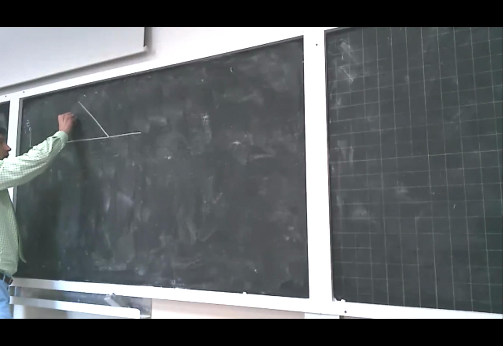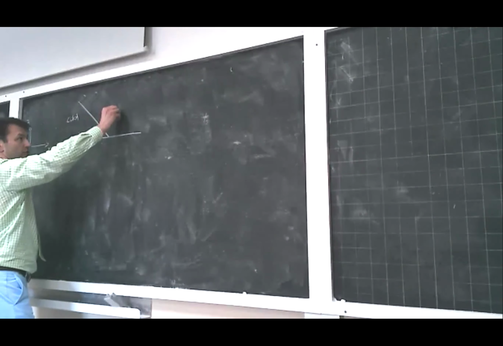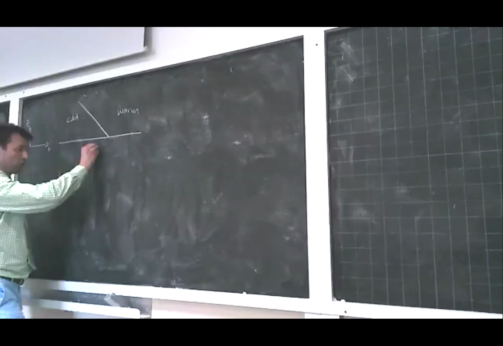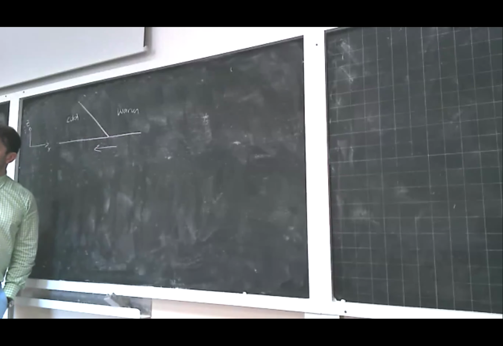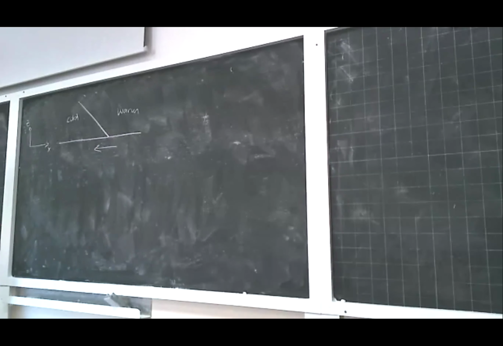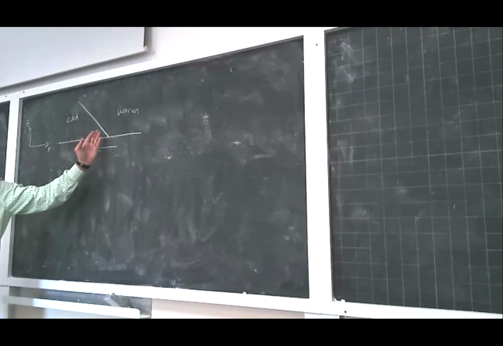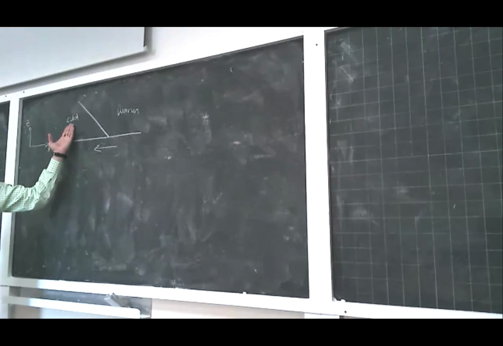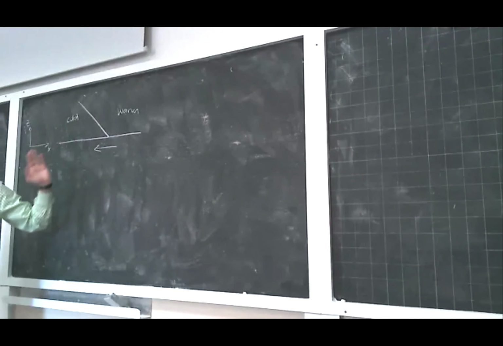So here is cold air, here is warm air, but of course in the case of a warm front, the whole system is moving like so. Now, what we usually say here, because warm air is lighter than cold air, we cannot say warm air is pushing cold air. I mean, you could, but it's more accurate to say that cold air is retreating and the warm air is consequently advancing, okay?